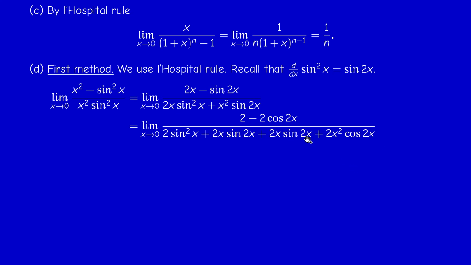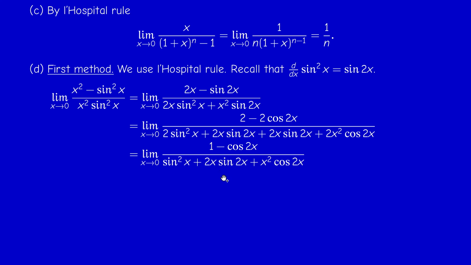Now we still have something of the form 0 over 0, so we differentiate another time. First I simplify by 2, because here I have 2x sine 2x, 2x sine 2x, so this is 4x. When I simplify by 2, I get 1 minus cosine 2x over sine squared plus 2x sine 2x plus x squared cosine 2x.